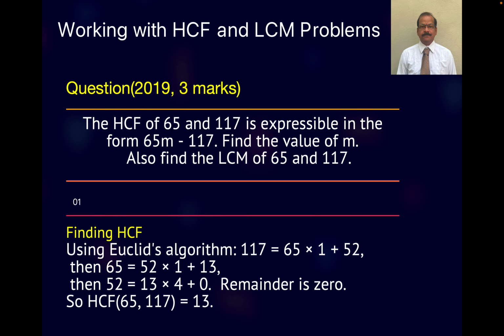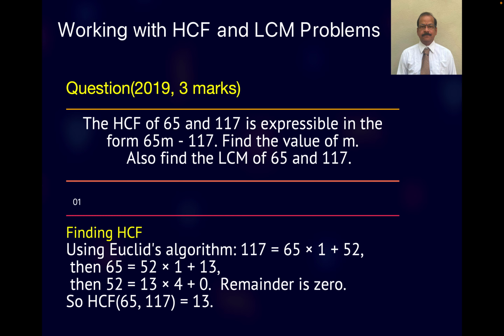In 2019, we have a question of 3 marks. The HCF of 65 and 117 is expressible in the form 65m minus 117. Find the value of m and also find the LCM of 65 and 117.